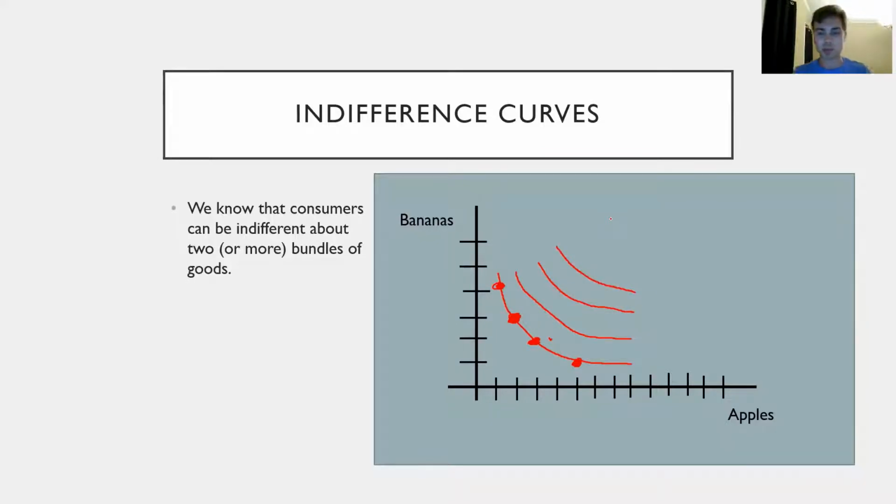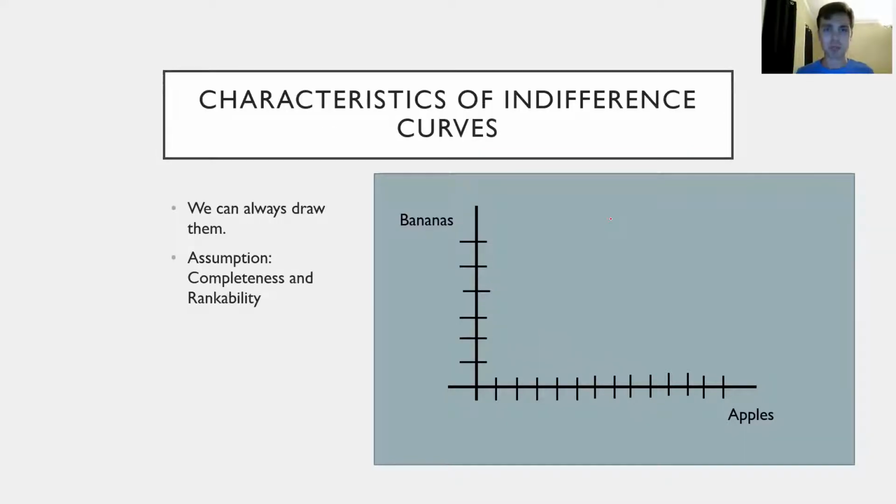And now I'm going to talk about some of the properties or the characteristics of these indifference curves. And we're going to use the assumptions that we made about consumer preferences to be able to get at these characteristics. Okay, so the first one is that we can always draw them.